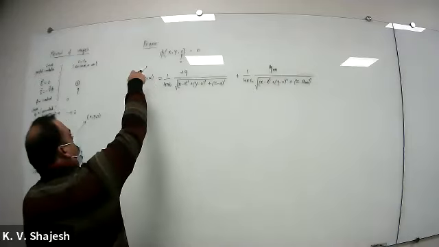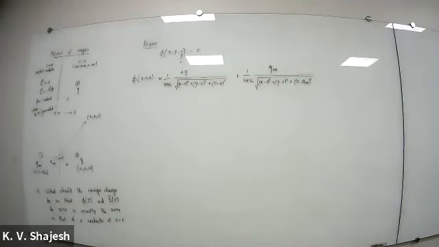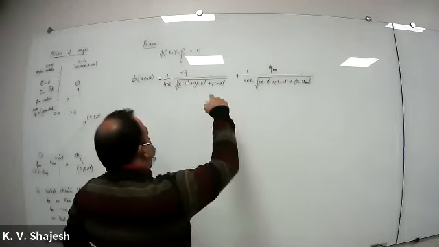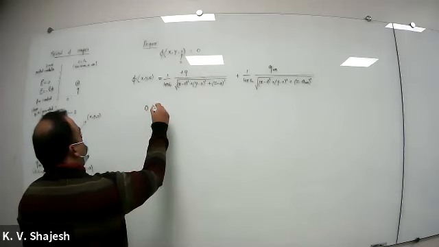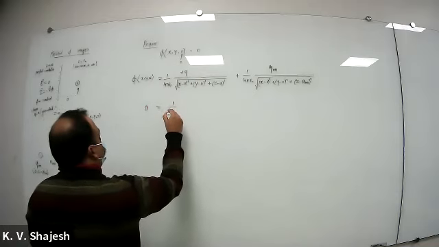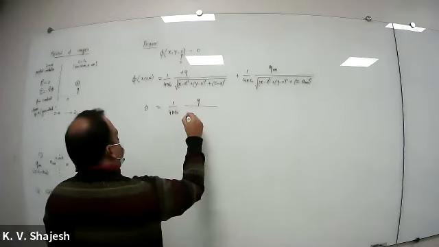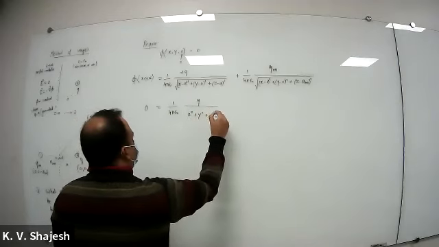The condition is that whenever I set z equal to 0, this has to be equal to 0. So q over x squared plus y squared plus, with z set to 0, a squared.